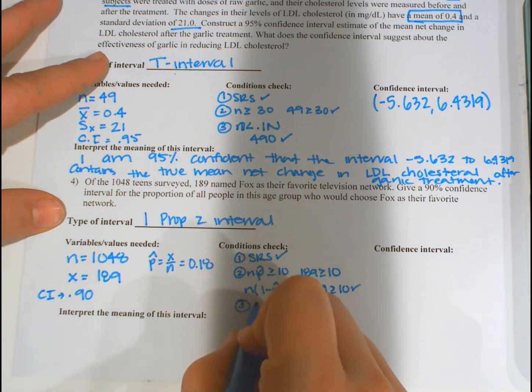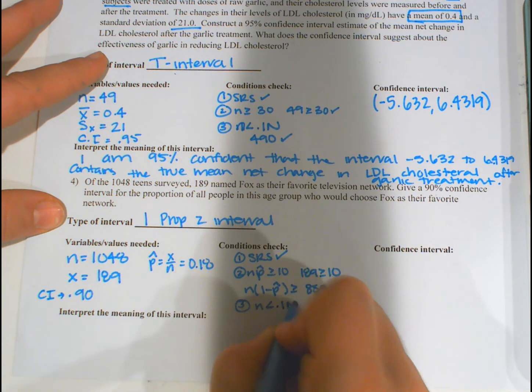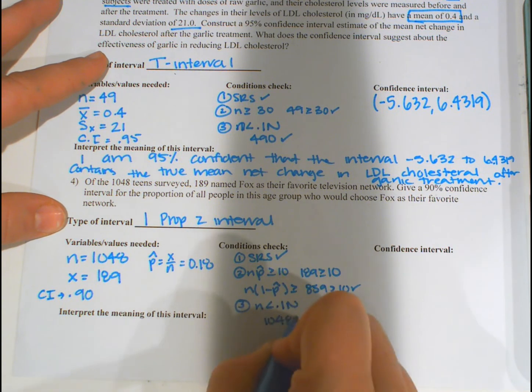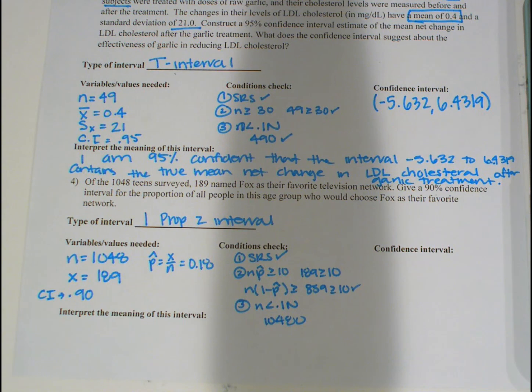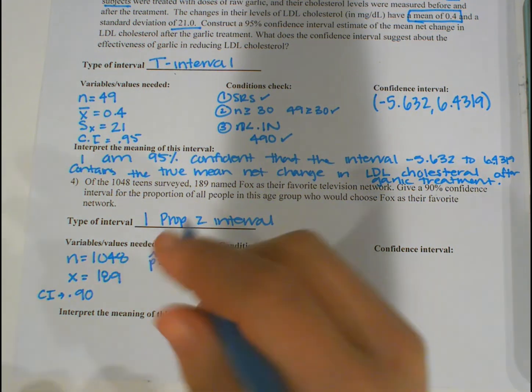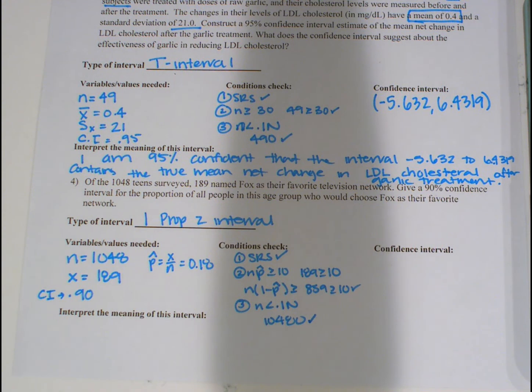And then if we look to see if our sample size is reasonable, it would be easy to assume that there are more than 10,480 teenagers that we could survey for this result. So our conditions are checked, which means we can run our confidence interval.